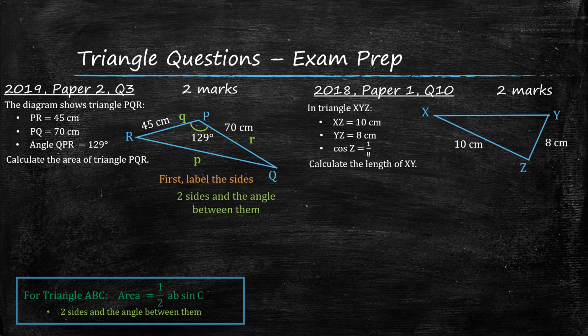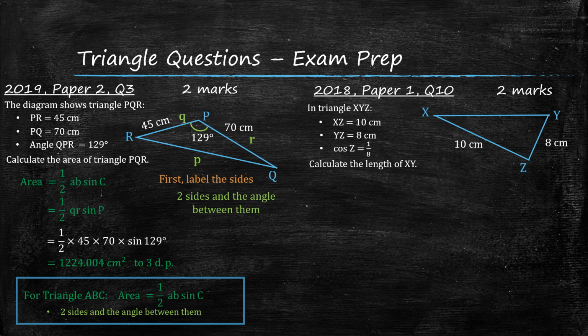Now looking at our diagram, we see that we do have 2 sides and the angle between them, so we can use area equals half ab sine C. Let's put this formula into a form for our triangle, and this gives us a half times QR, the 2 sides, and then the angle between them, sine P. Plugging in our values, we have a half times 45 times 70 times sine of 129 degrees. Plugging this into our calculator, we get 1224.004 centimeters squared to 3 decimal places.